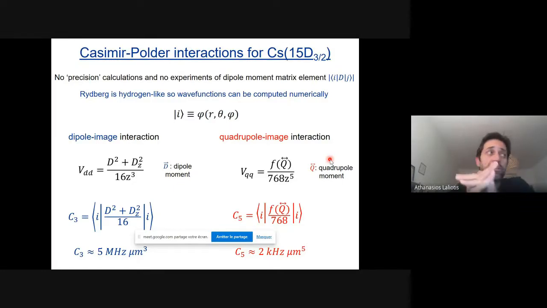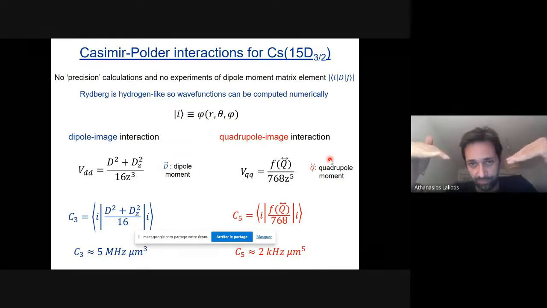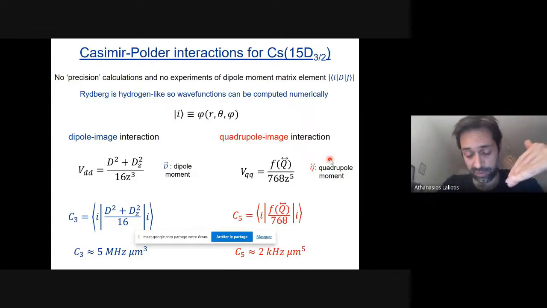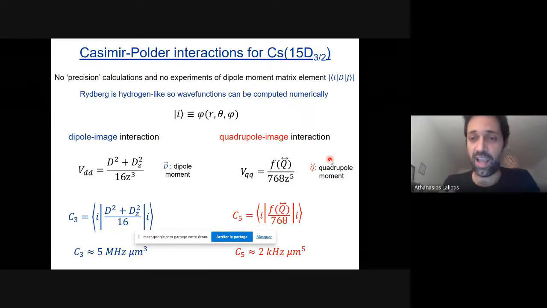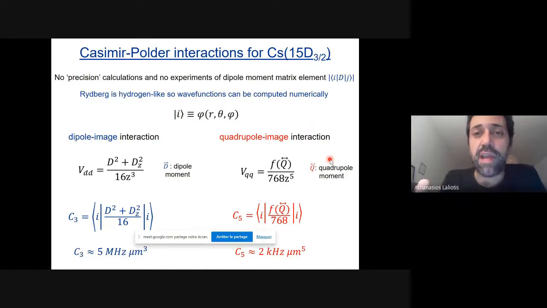The difficult part is that for such atoms, there are no precision calculations of the dipole moment matrix elements that actually exist for higher lying states. But the good news is that these Rydberg atoms behave like hydrogen atoms. So what we can do is calculate them ourselves just by solving numerically the Schrödinger equation.